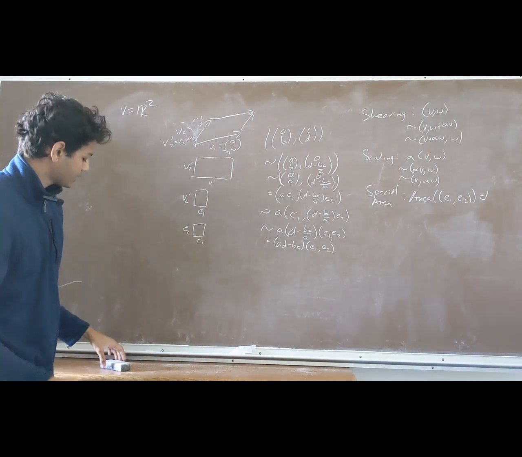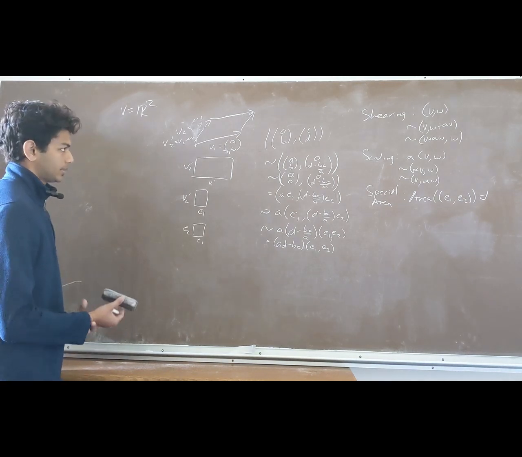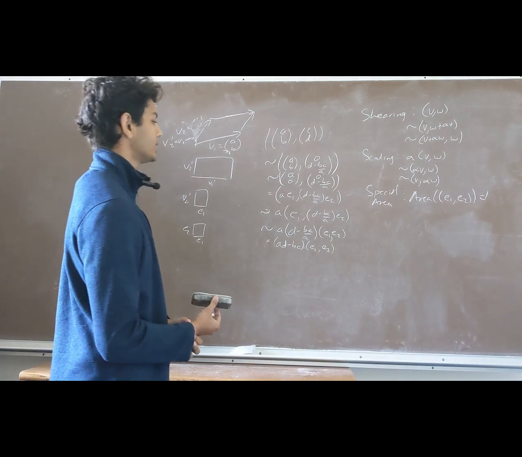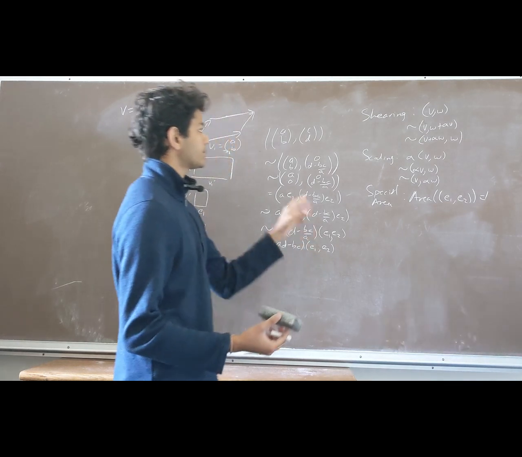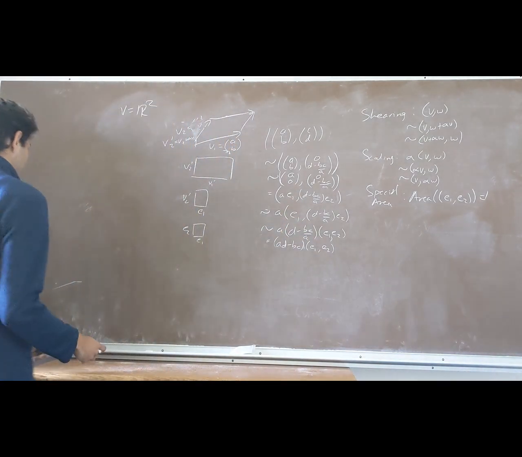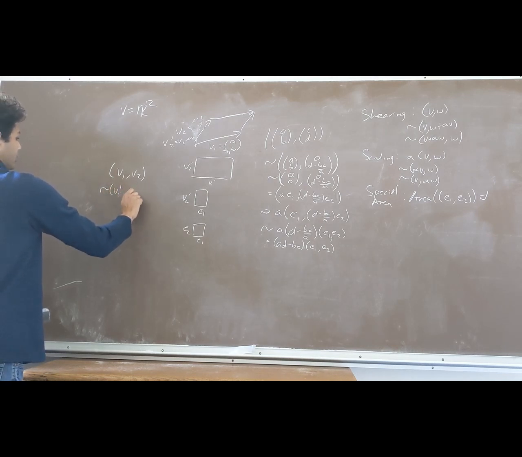Okay, nice. So now we have a systematic way of computing the area of any parallelogram. What I want to note, sort of why I was emphasizing the special area earlier, is that we don't actually need to use a special area to compare two pairs of vectors. So remember, our original goal was to say, okay, when can we say that two vectors v1 and v2 are equivalent to v1 prime and v2 prime?